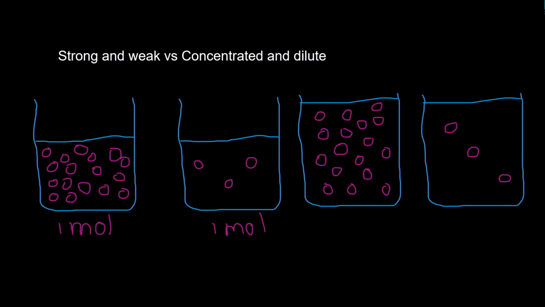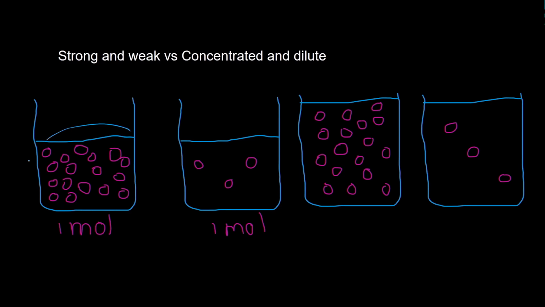We've got strong and we've got weak, we've sorted that out. Now what about concentrated and dilute? Well, dilute and concentrated is talking about a volume. Strong and weak is talking about the degree of dissociation or the degree of ionization. So I have got 1 mole of both a strong acid or base and 1 mole of a weak acid or base.